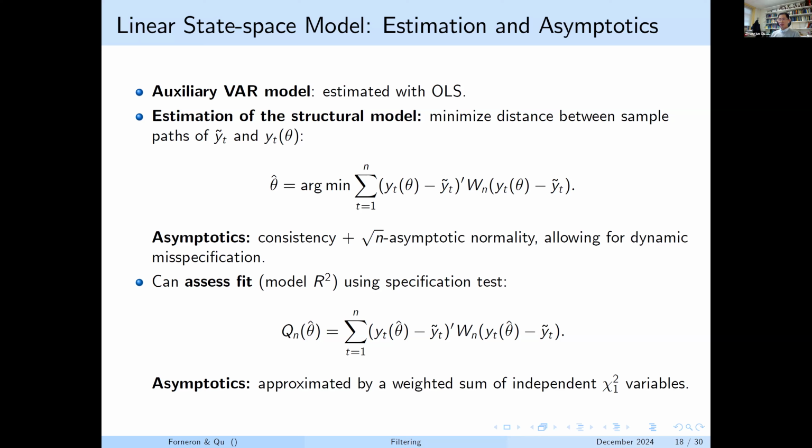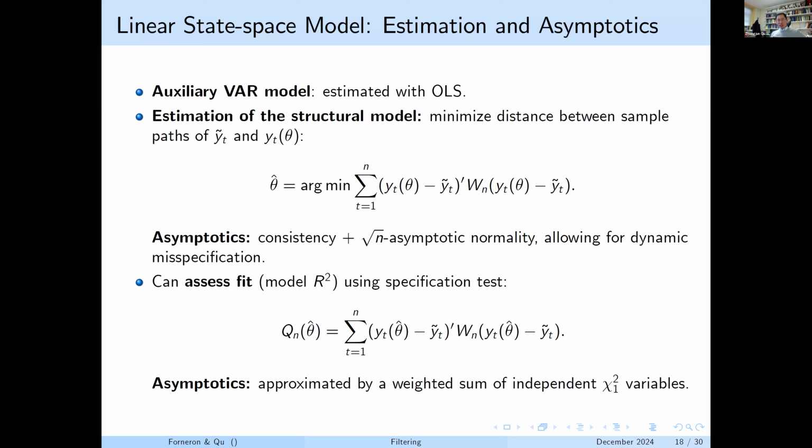Once that is done, the values can be transported using the filter that I've just described. Now I can use these components to build this update function that measures the distance between the transported value and the actual observation. The parameter estimate is chosen such that this quadratic form is minimized. And that defines our optimal transport estimator in the current setting.